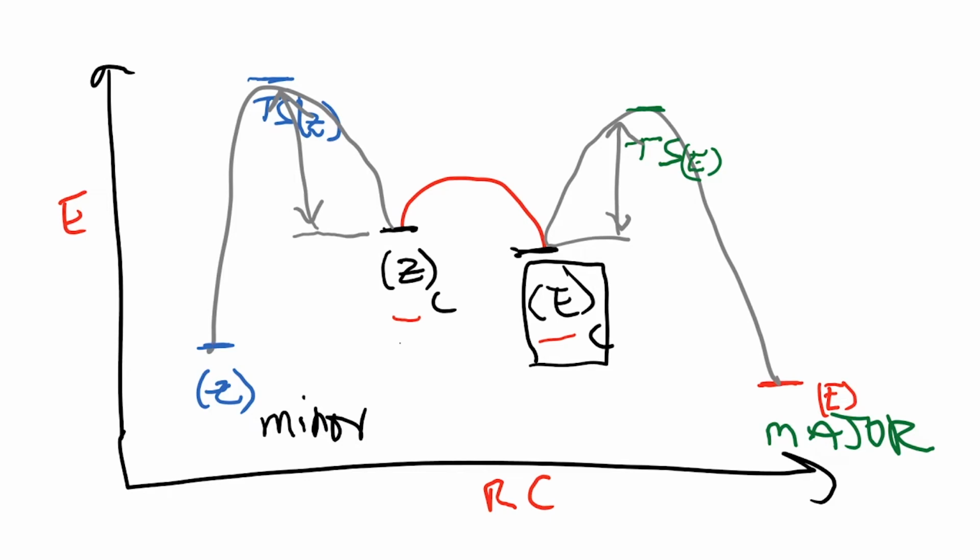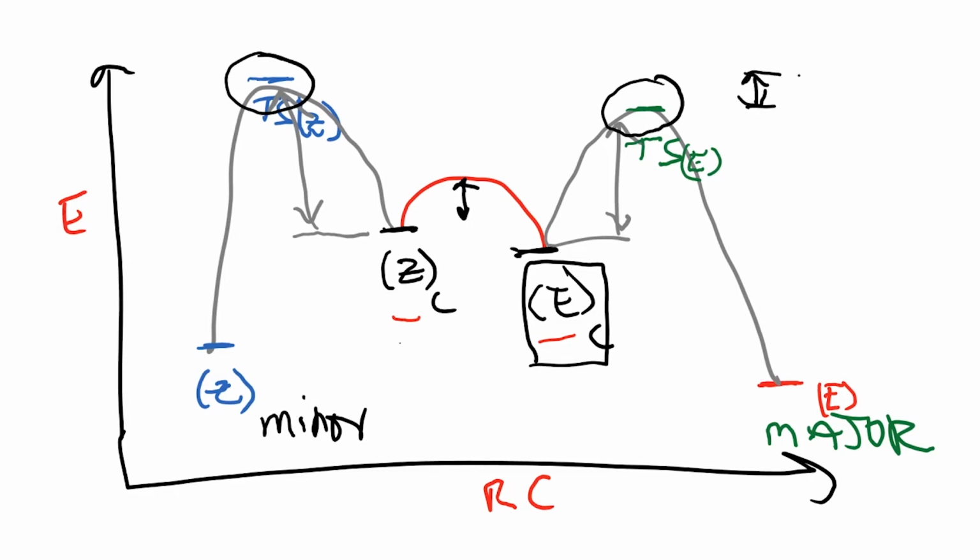Okay, but that is not really going to help us explain the result because this barrier is extremely low. Like we discussed, it's about 10 to 12 kilojoules per mole, and that's easily accessible at room temperature. So what may be more likely is that the barrier to the formation of the E product is lower than the barrier that is encountered to form the Z product.